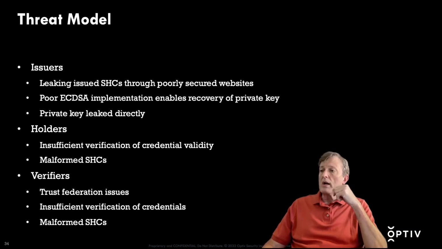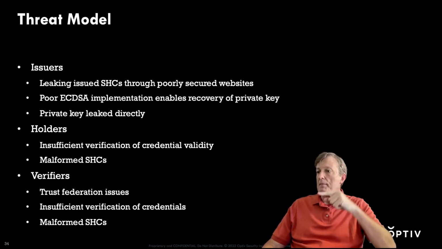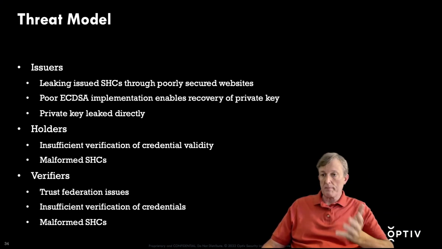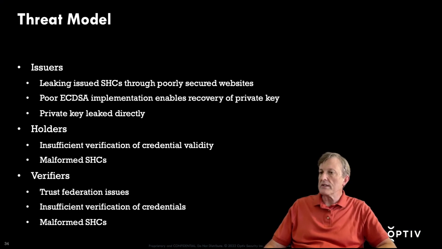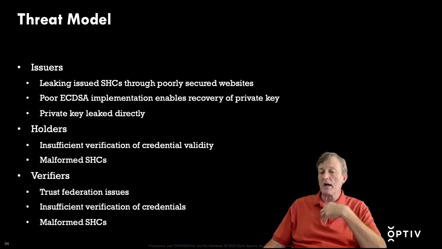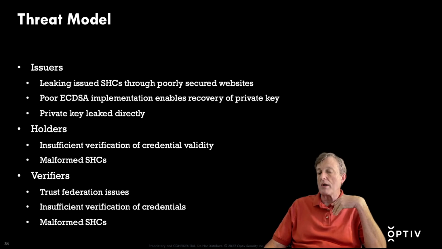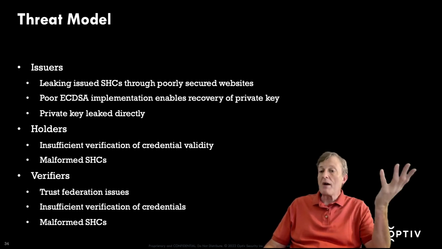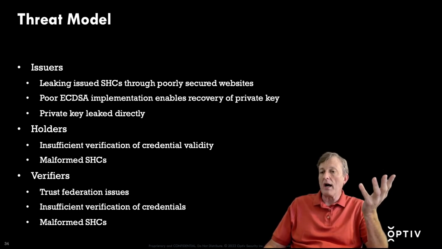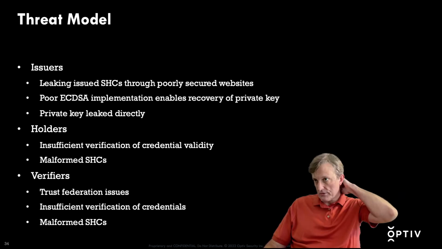All right, so you've got threats that happen at all three of the personas in the solution. At the issuer stage, most issuers are websites, right? I got my Smart Health card for my vaccination off my hospital's website. But if that website had a bug in it, I might be able to steal other people's vaccine credentials.